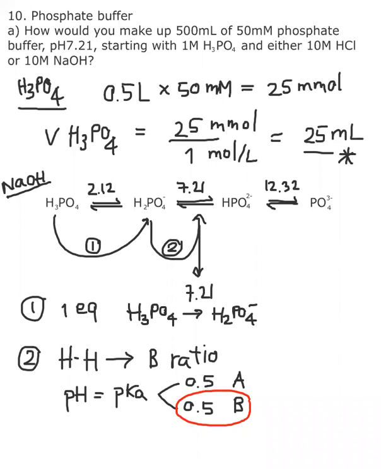The total hydroxide equivalents equal 1 plus 0.5, so you need 1.5 equivalents of the base to raise the pH to 7.21.